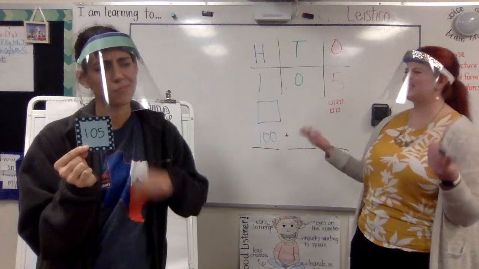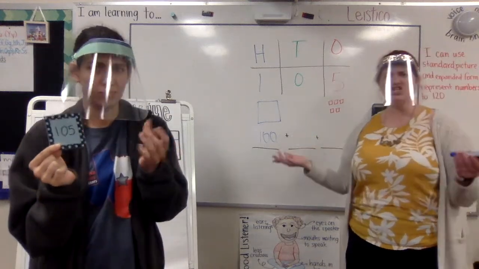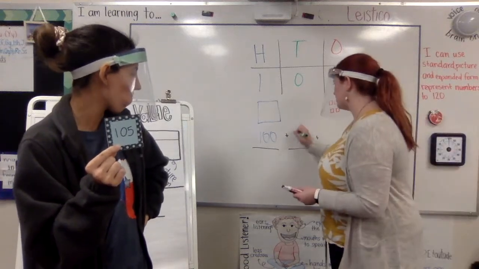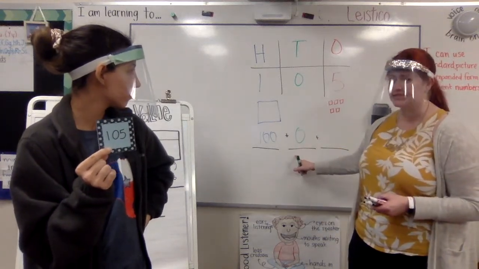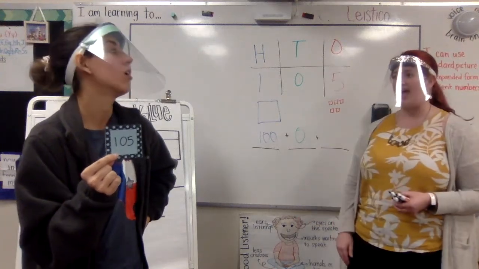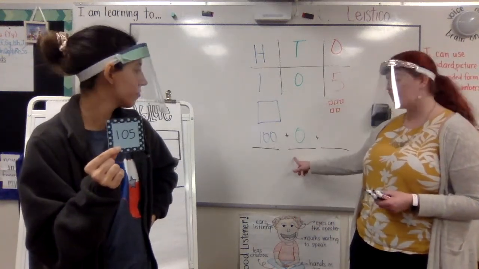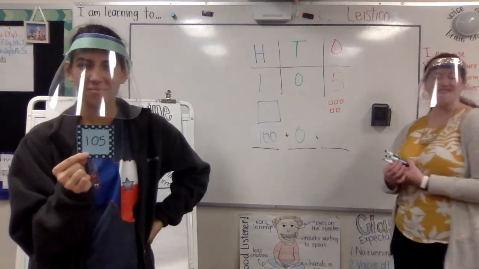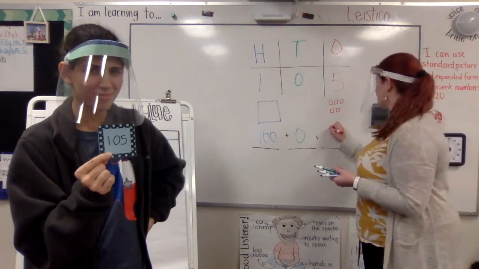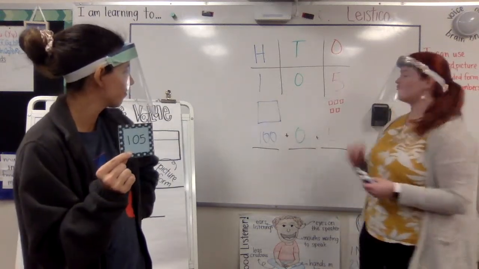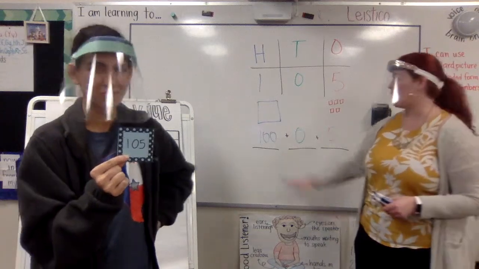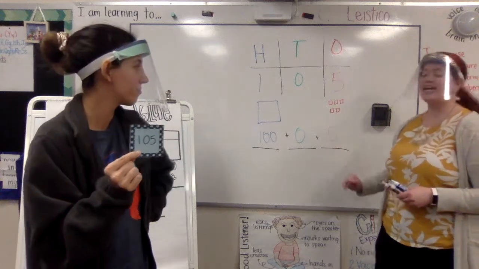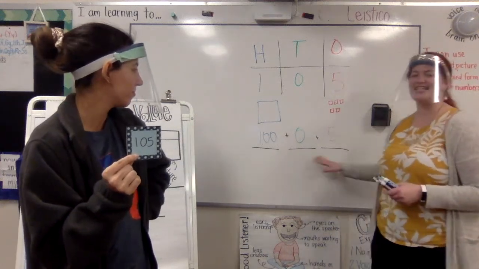Well, if I have 0 of something, I can just put a 0, right? 0 is worth 0. Now, Miss Lestico, this is really important. I have 0 tens. I'm not just going to take this place away. It still needs to say 100 plus 0 plus the value of my ones, which is 5 ones, is just worth 5. So my number 105, the expanded form would be 100 plus 0 plus 5. It's always going to go hundreds, tens, ones.